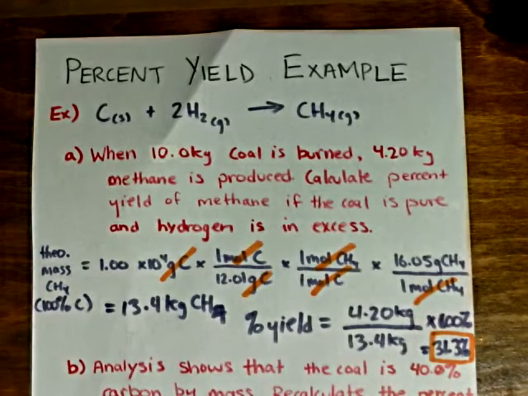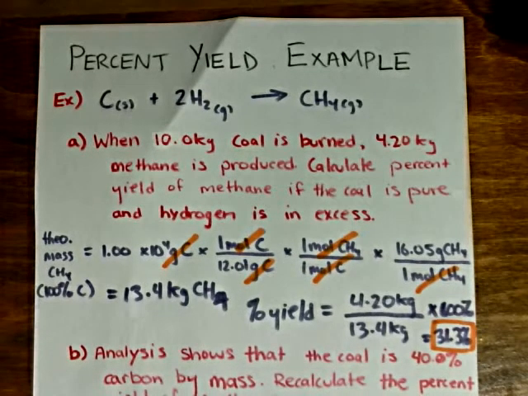Now, the second part of the question says that analysis shows that the coal is only 40% carbon by mass, and we have to recalculate the percent yield of the methane. So if the coal is only 40% carbon by mass, what that means is that the original mass of coal that we were given, 10.0 kilograms, is actually only 4 kilograms of carbon, because 40% of 10 kilograms is 4 kilograms.